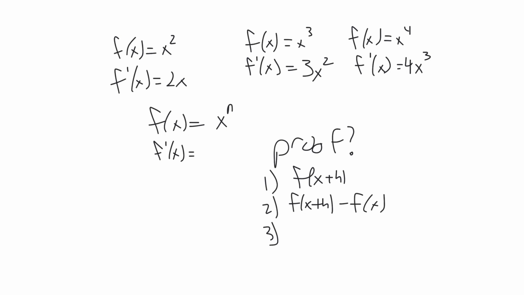Is there a way to not only guess at this rule, this pattern, this formula, but also a way to prove that that rule is true? I'll leave you with that to ponder, and feel free to give it a try. As a hint, you might need to use the binomial theorem.